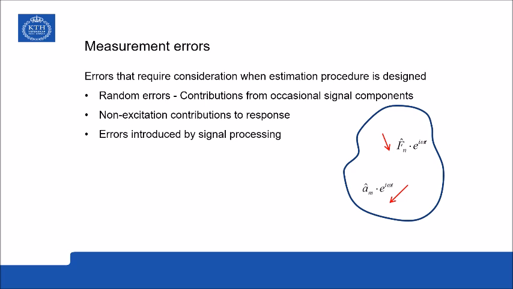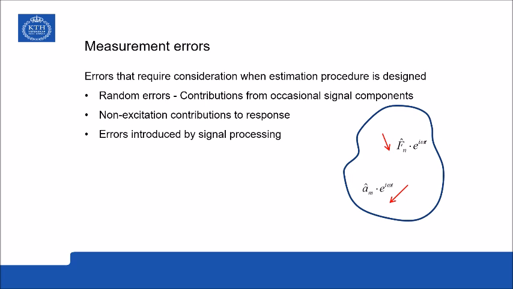Then, of course, we have errors that are introduced by the signal processing itself. When we do something with the signal, then we change the signal in some way. And that, of course, will have some influence on the estimated frequency response function.